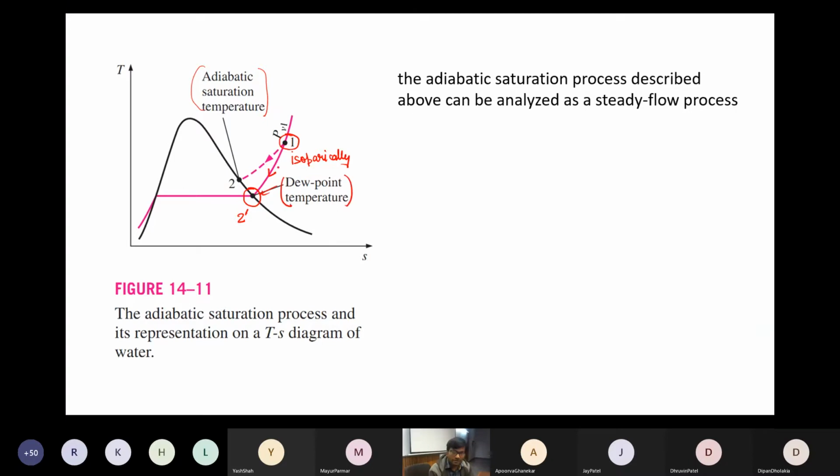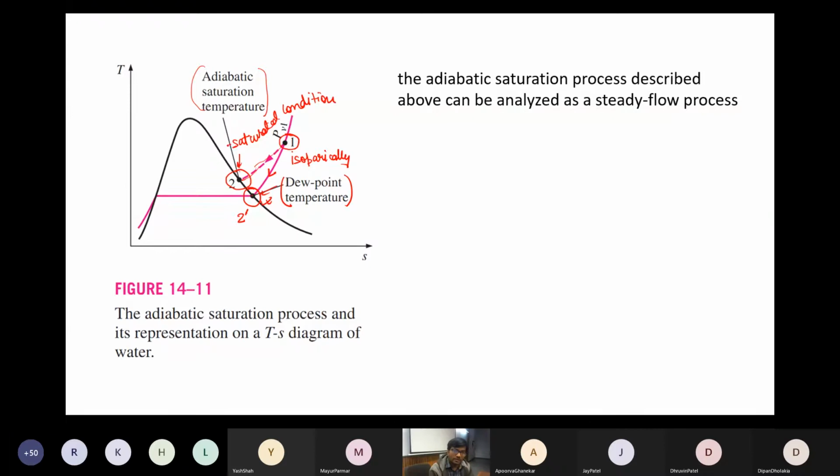This is a slight deviation from the dew point temperature, but again you are hitting a saturation condition. This is also a saturated condition, but you are not hitting exactly the dew point.